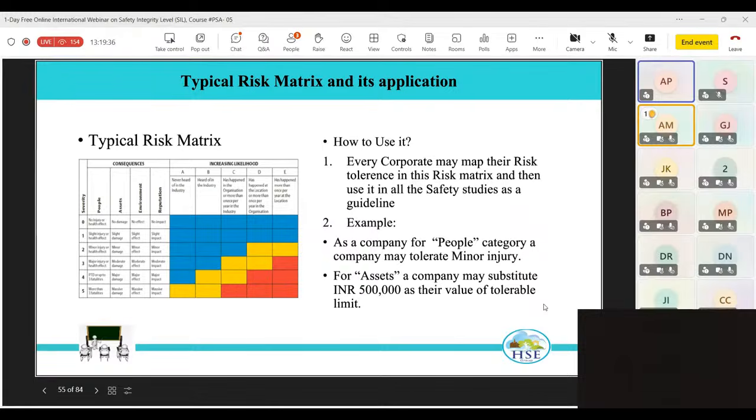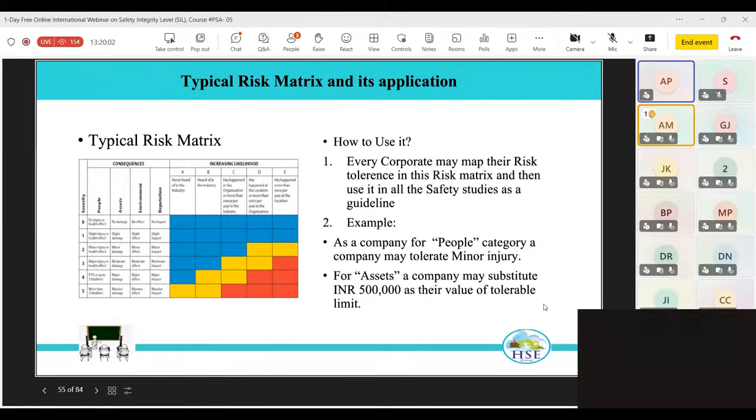Risk matrix and its application. A typical 5 by 6 risk matrix is shown here. As you can see in the colorful diagram on the left side, the two important risk related things which I told you in the morning are consequence and frequency.